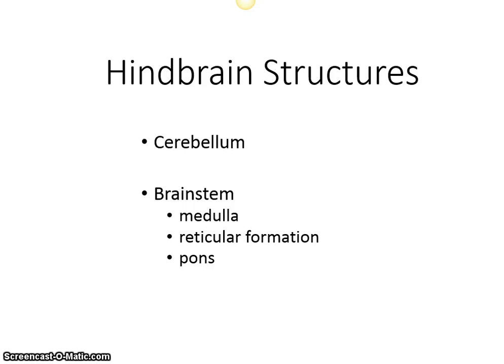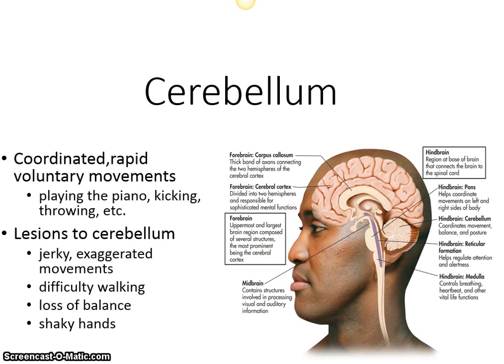So the hindbrain structures, let's look at these first, which consist of the cerebellum as well as the parts of the brainstem. So the cerebellum is responsible for coordinated movement, and these are the movements that we know how to do, but we don't have to really focus on doing them, just like riding a bicycle, for example, or when David Beckham kicks a soccer ball.